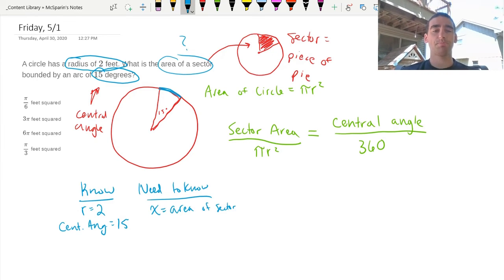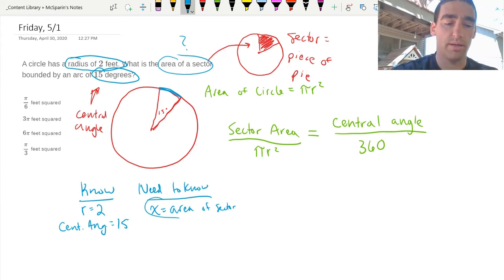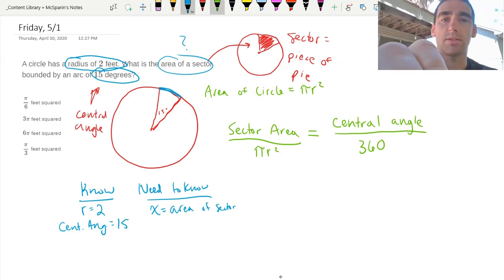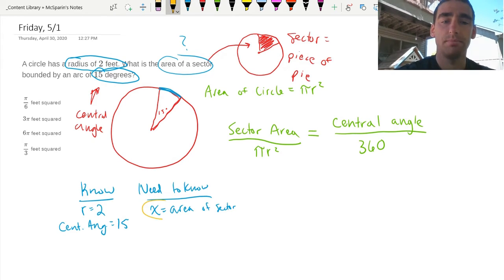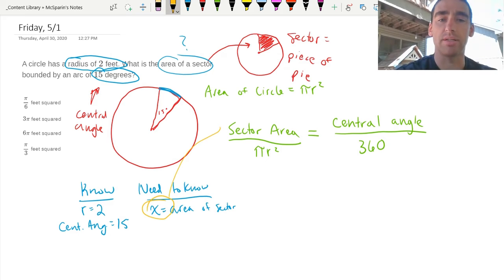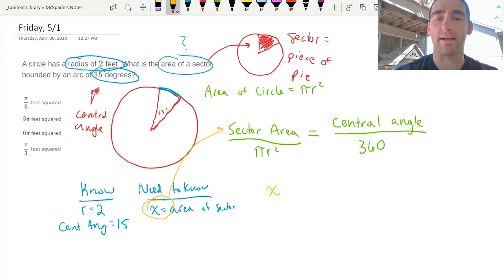Area of the sector. Now I'm going to plug those things in and rewrite my equation, okay? So let's do that in a different color. So let's go orange. Yeah, orange. All right. So x is my area of sector. So that's going to go there for sector area. So when I rewrite, I just have x. Pi can stay.